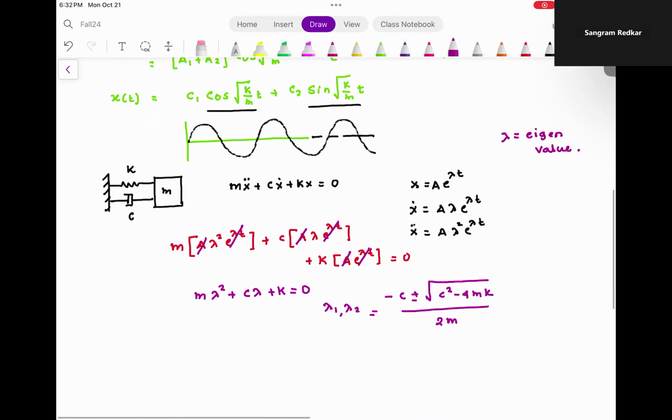Now, the last thing which I want to tell you here is, now c square minus 4km is a critical parameter. Now, please understand what happens.